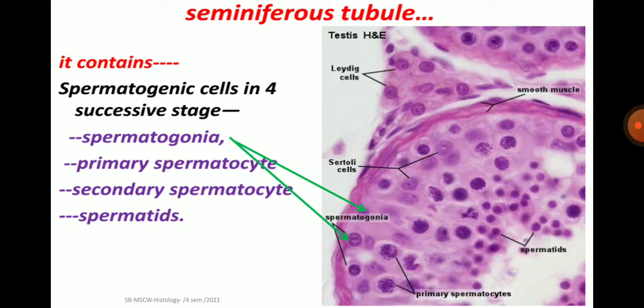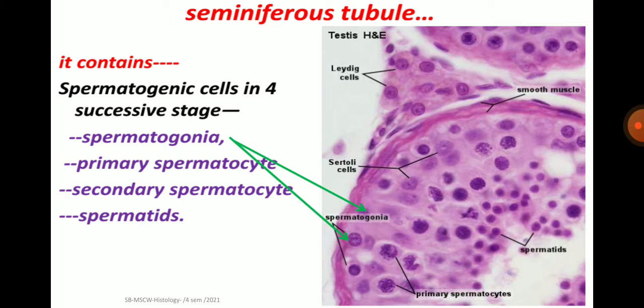This is another very beautiful picture of a section of the testis showing the seminiferous tubules along with the cells of Leydig. This section shows the cell types involved in spermatogenesis, as seen in histological sections using hematoxylin and eosin stains.